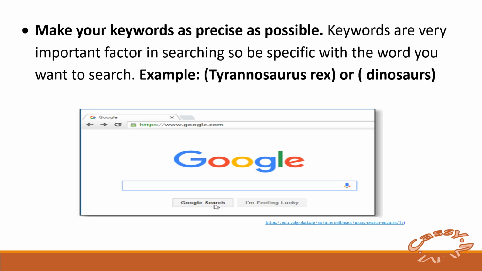You are right. Tyrannosaurus rex. You'll get too much general information if you just type in dinosaurs, and it is not even a specific hit about your favorite one. It's more precise to use the first keywords, Tyrannosaurus rex.